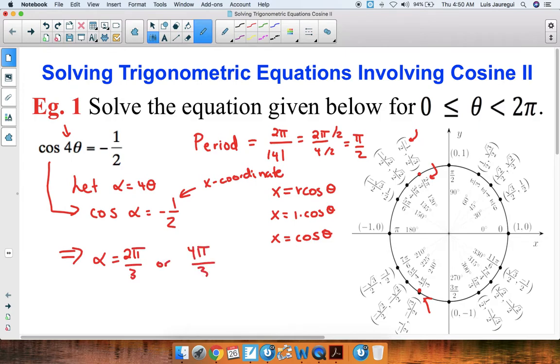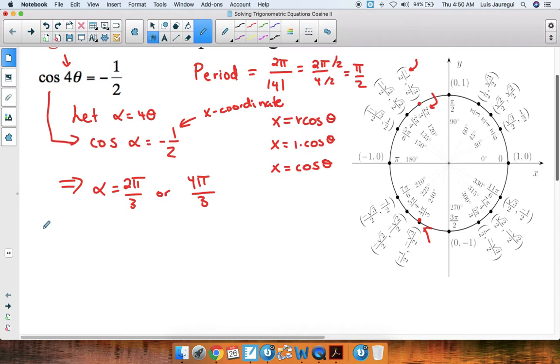So what we're going to do is to actually solve for theta based on those values for alpha. So using the first one, let's say we have alpha equals 2 pi over 3. Let's solve for theta. Now recall that alpha is simply 4 theta. So we're going to substitute in the 4 theta for the alpha here.